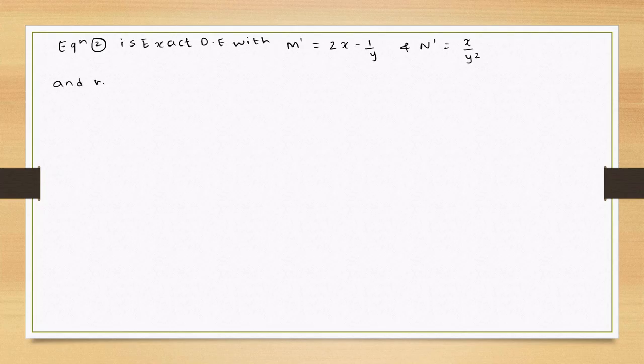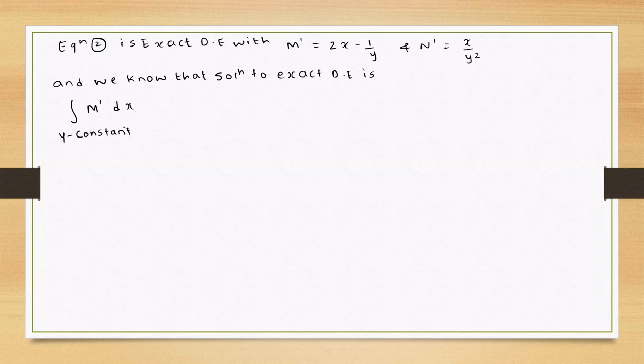And we know that solution to exact differential equation is integration m dash dx, keeping y constant, or treating y as a constant variable, plus integration terms free from x in n dy is equals to c.